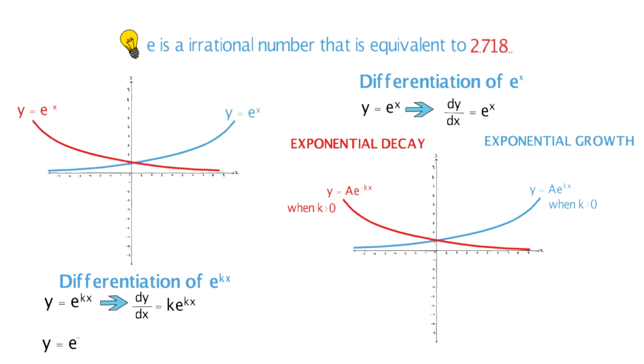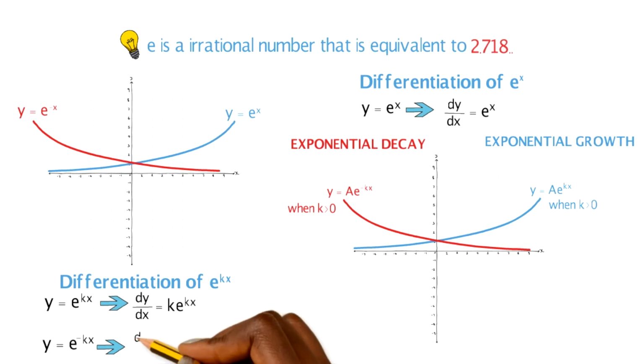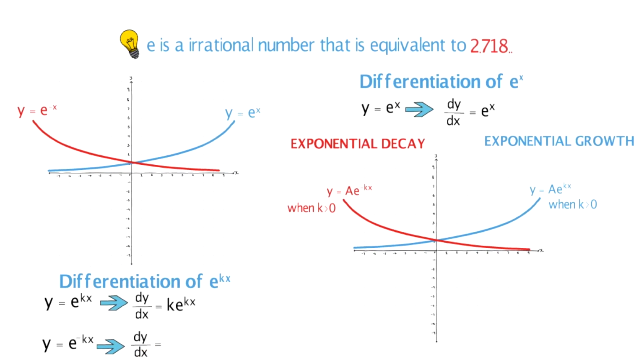But if you were to differentiate y is equal to e to the power of negative kx, this would differentiate into minus k e to the power of minus kx. So it's basically the same principle as the previous one, just with negative values involved.